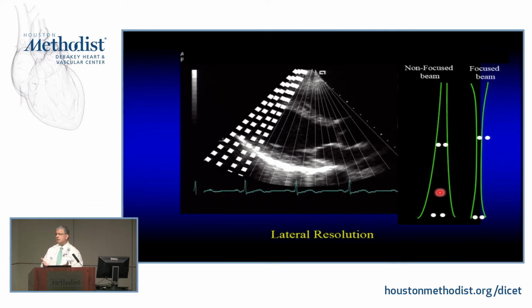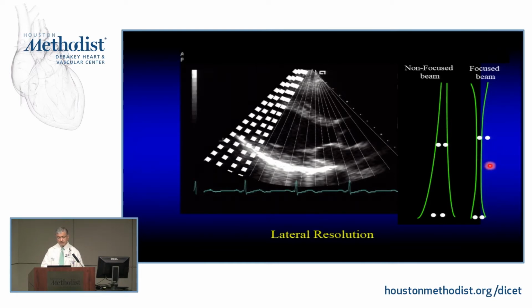And what happens with that? If my field is big, I'm not going to be able to discern these two. They're going to look like one. That's why your resolution in the far field is really blurry, because your lateral resolution becomes an issue. Okay? So this is differentiating dots that are parallel as opposed to one on top of another.